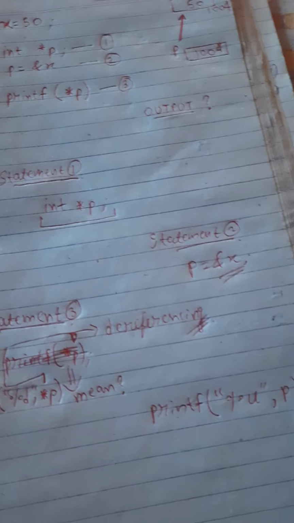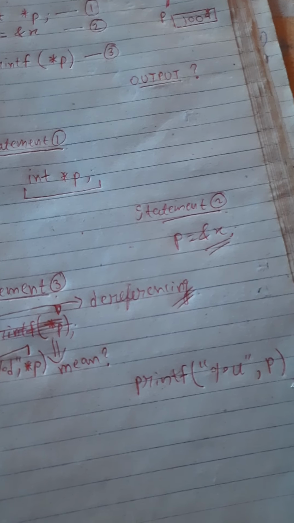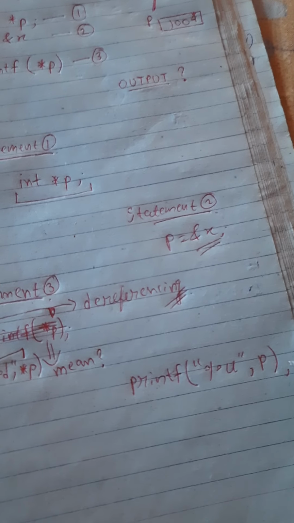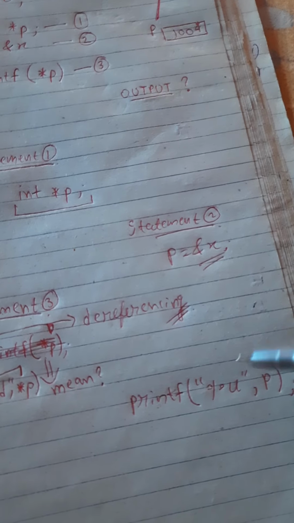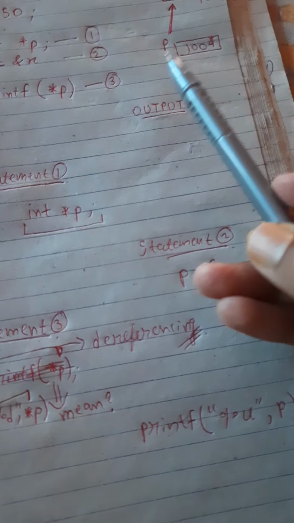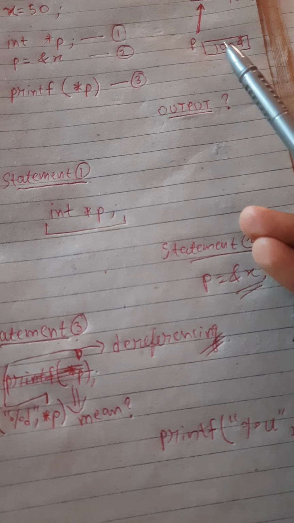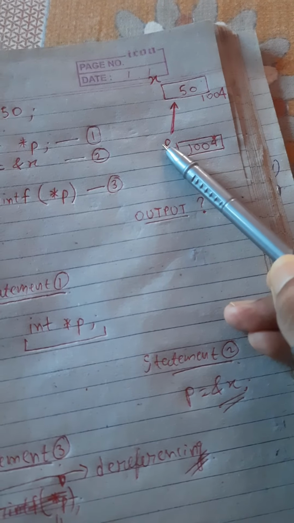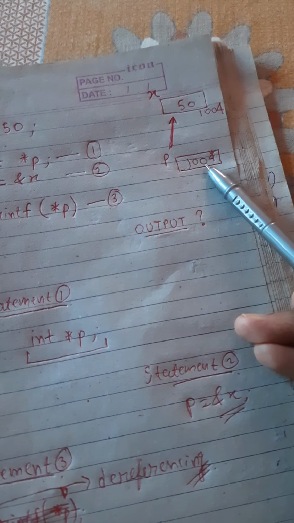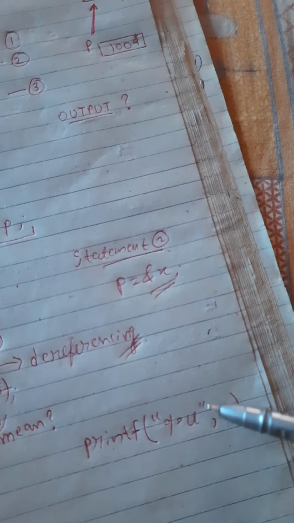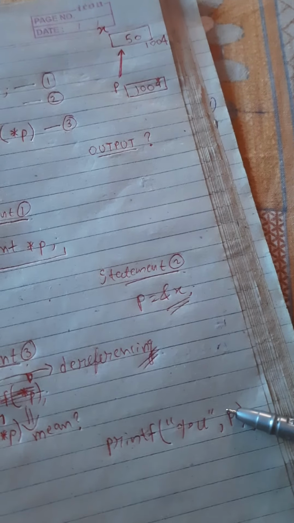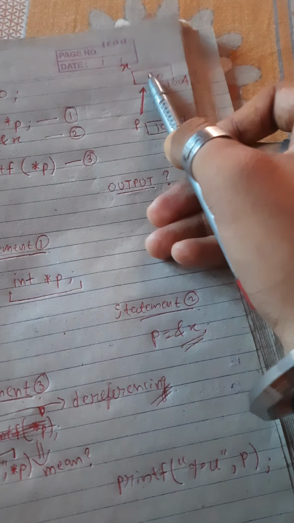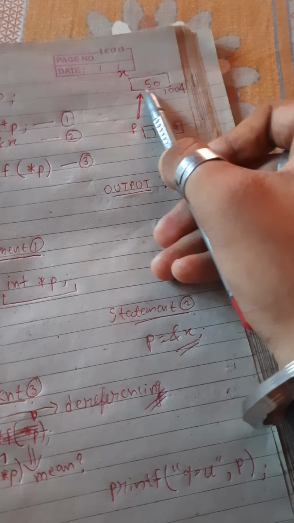So this basically prints the value of p. What is the value of p? The value which is contained in the box that is referred to by the variable name p. So what is the value here? 1004. So basically this will print 1004, and we know what 1004 is. 1004 is the address of this box.